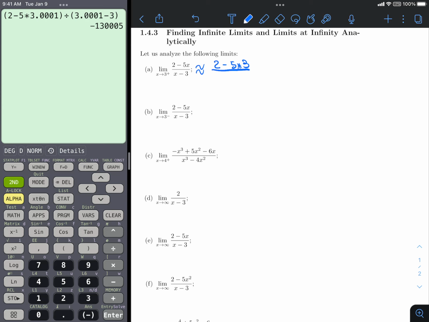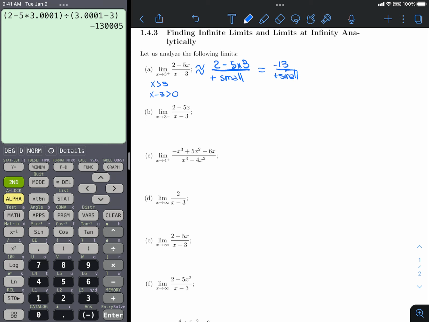So we're going to have something very small, but because x is more than 3, x minus 3 is going to be positive. We can write that here. x is bigger than 3, that means x minus 3 is positive. So we're going to have a 2 minus a 15, so a minus 13, divided by something very small.